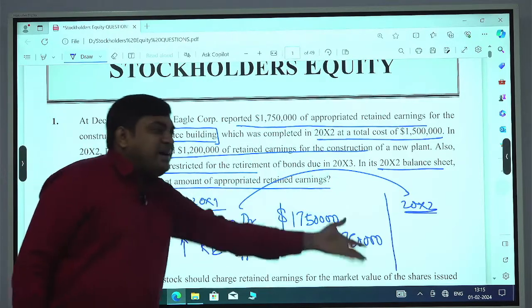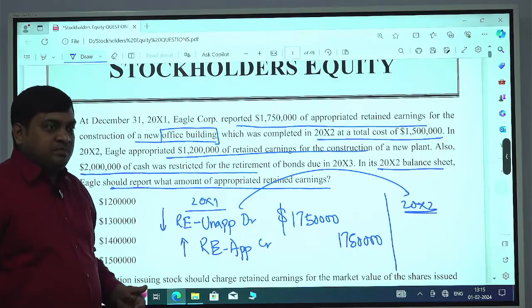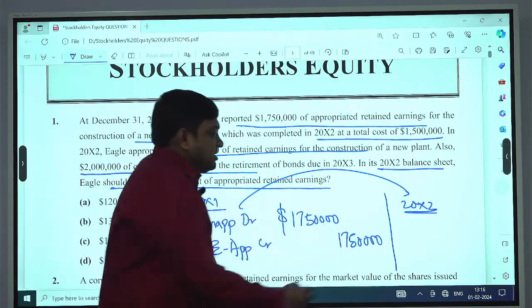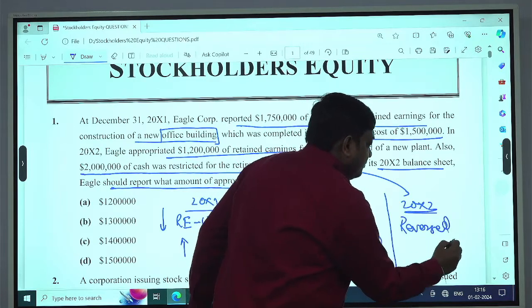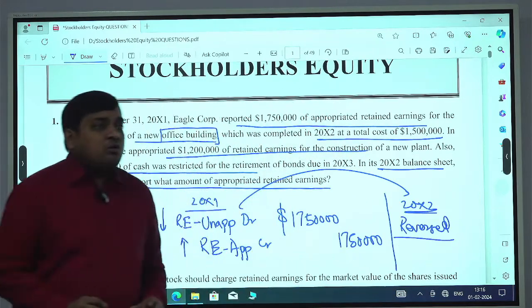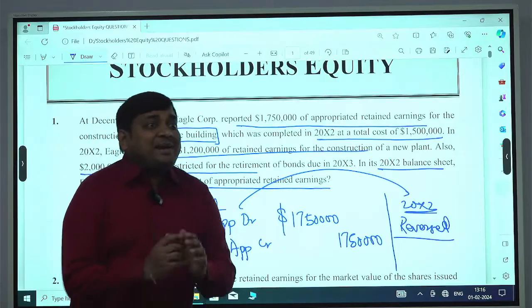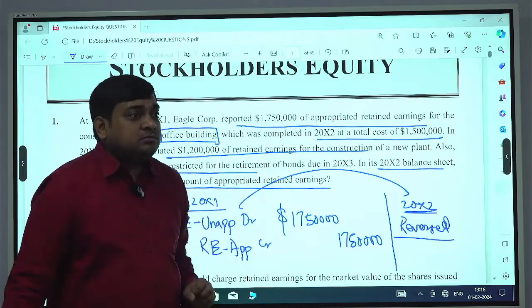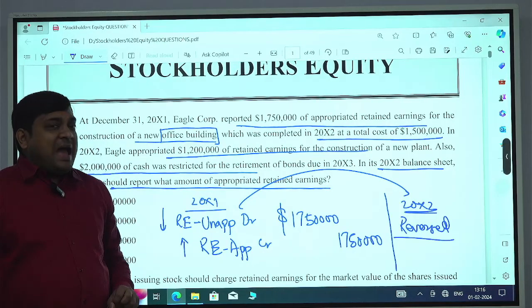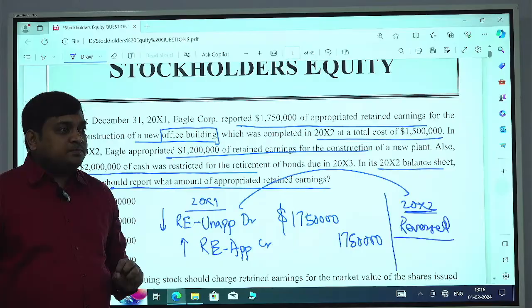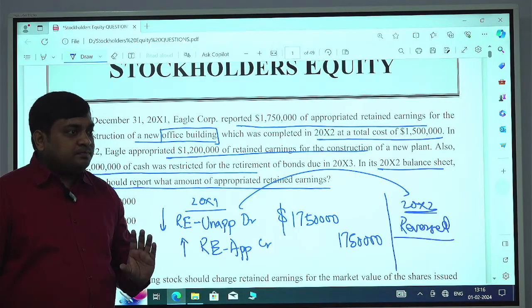Now when you have spent that money, this entry is reversed. So as of now, what is your appropriated retained earnings balance? It is 0. Yes or no?